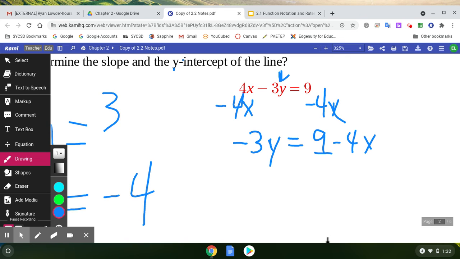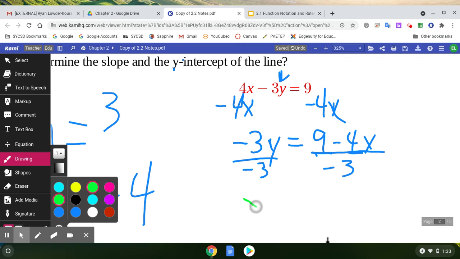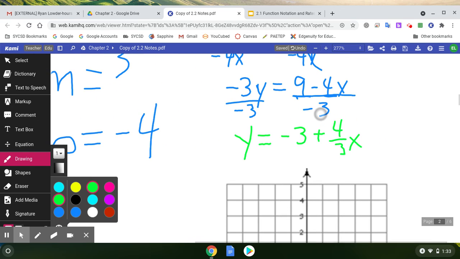And since these are not like terms, I can't combine them. I keep it as is. And then I divide everything by -3. So simplifying, that becomes y equals negative 3 plus 4/3 x. So now I can recognize that my slope is 4/3.